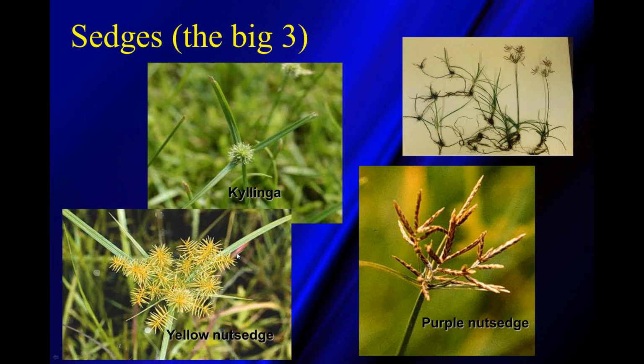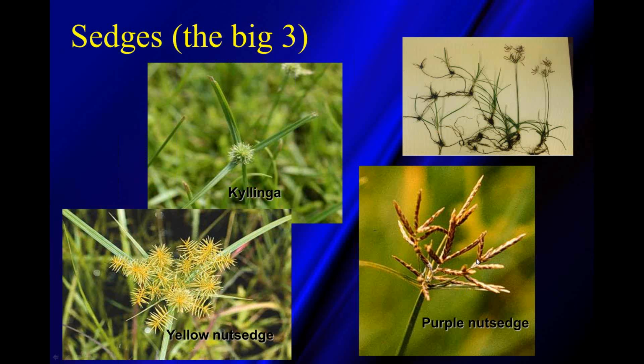Yellow nutsedge is characterized by its yellowish cast on the seed head, but the seed heads also have a bottle brush type of appearance to them. And again, this really helps in terms of identifying it.